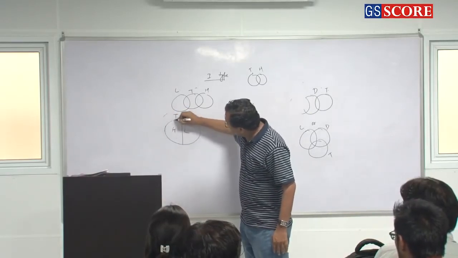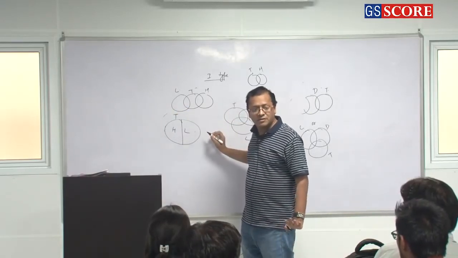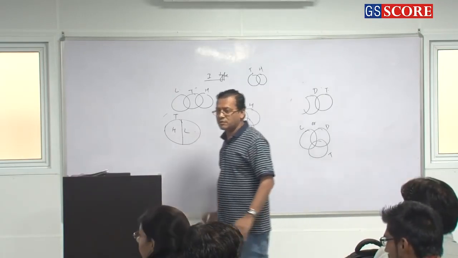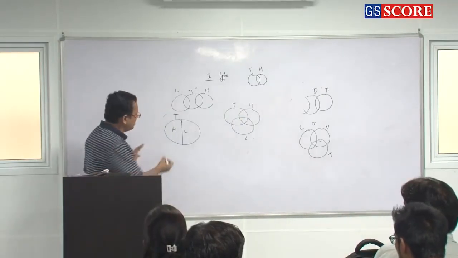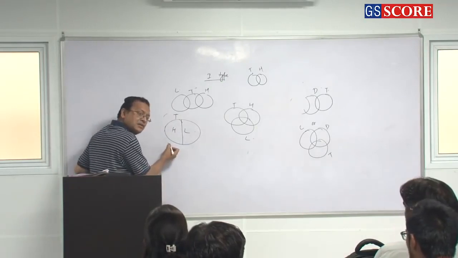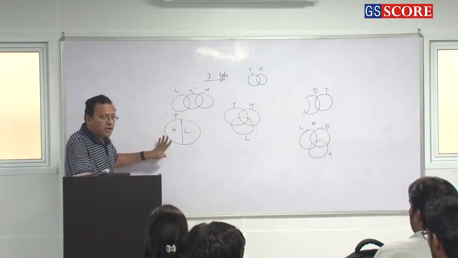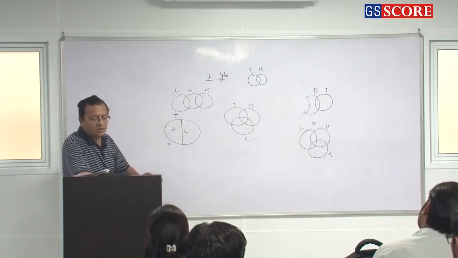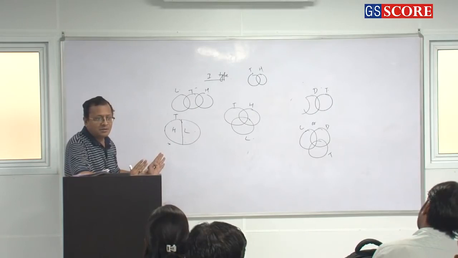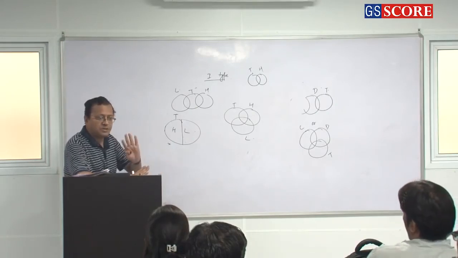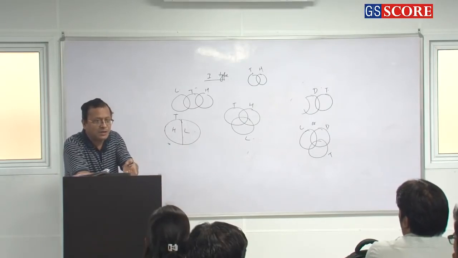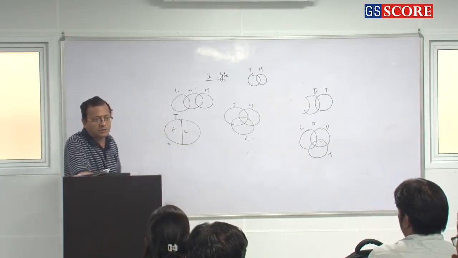Which means only this circle is there. No taxi has horn or light. Okay, which means there is a region here as well. No problem. I have combined this. Now you have to see the options as well, because you cannot lengthen the question. There is a possibility here as well. Then you see the conclusions, then you mark the option.